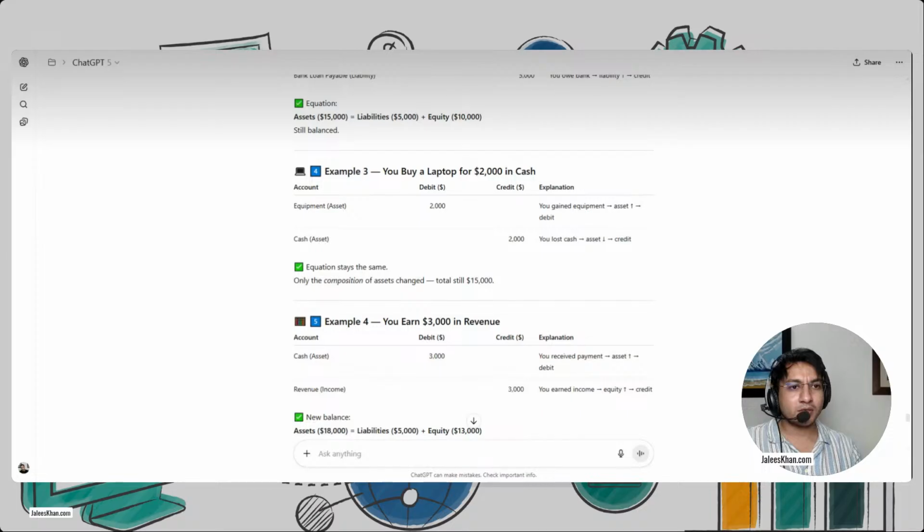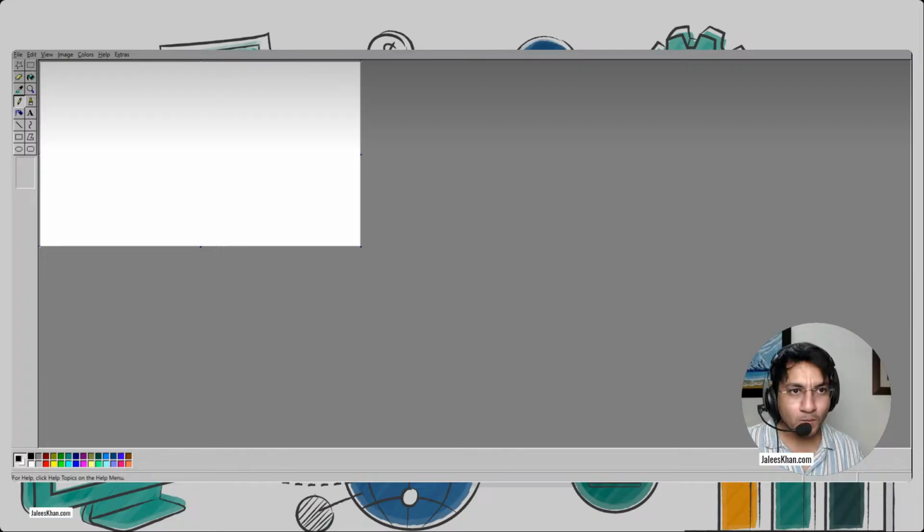So that's the transaction, which is like this one. Try to explain what's happening here. Visualization, as per my understanding at least.